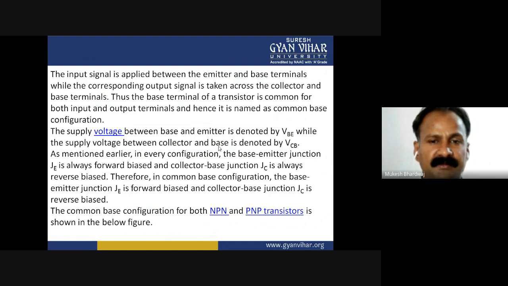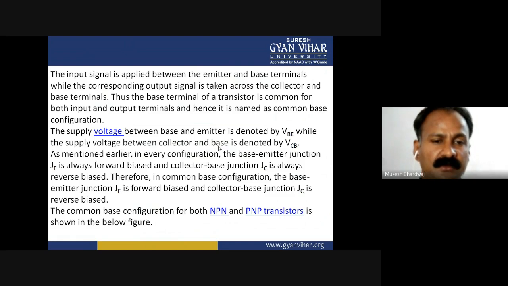Thus, the base terminal of the transistor is common for both input and output, and hence it is named common base configuration. The supply voltage between base and emitter is denoted by VBE, while the supply voltage between collector and base is denoted by VCB.